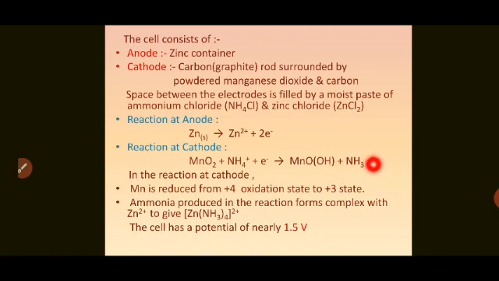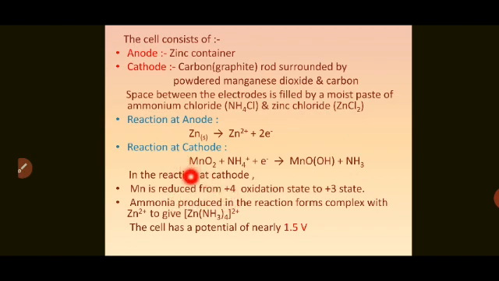Now this ammonia again reacts with zinc plus 2 ions and forms a complex which protects the swelling of the cell.